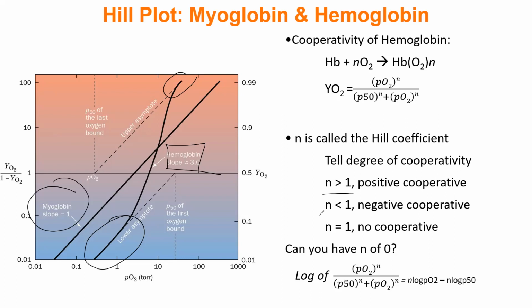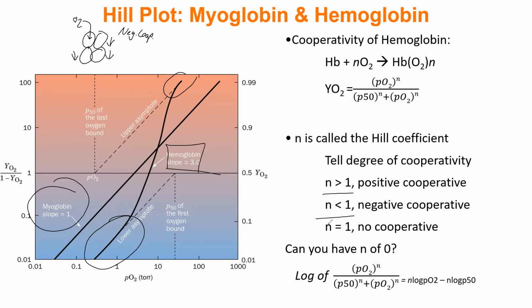Negative cooperativity means if you bind one ligand, your other binding sites do not want to bind that ligand. So you lower the chance of the other binding sites binding that ligand. So if hemoglobin had negative cooperativity, when one oxygen binds, it is harder for the other sites to bind oxygen as well. That is called negative cooperativity.